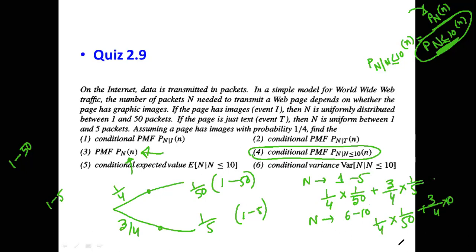That is 0. So similar kind of probability will come like we have found in the probability of n. There will be 3 different items: 1 to 5, 6 to 10, and 0 otherwise, isn't it?